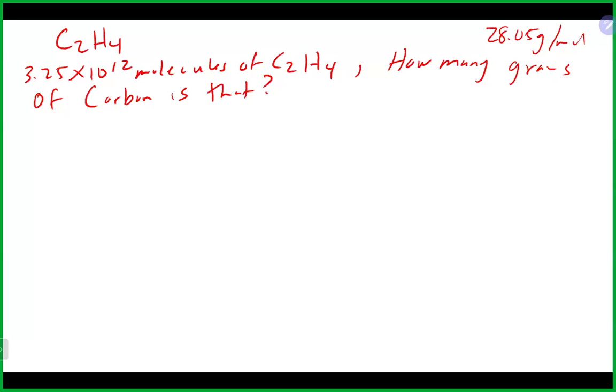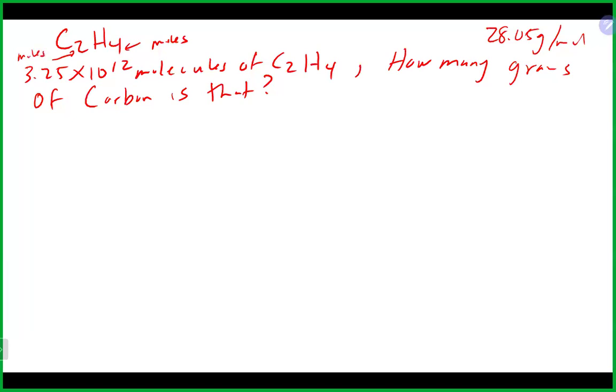So in this particular problem, we're not actually interested in the entire thing of C2H4. We're actually just interested in the carbon part of it. So how can we get from the whole thing to just the carbon part of it? We actually can use the formula itself as a conversion factor. So when you look at these numbers on the bottom, they do represent the moles of each of those guys.